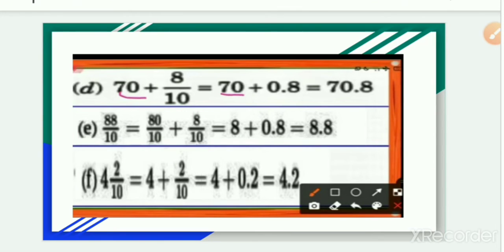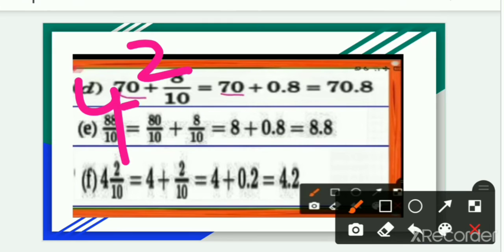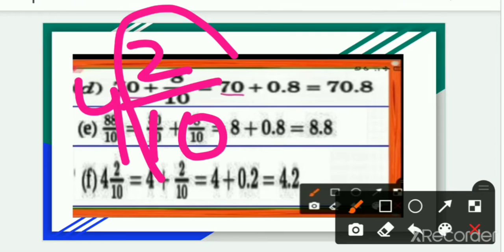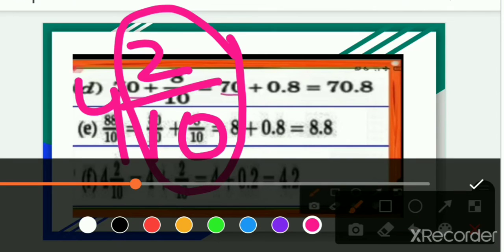Now after that we are having 4 2/10. Okay, now solve this. Either divide this fraction, or complete this mixed fraction into a simple fraction. How you will do?